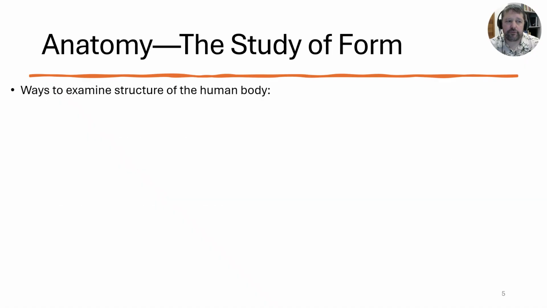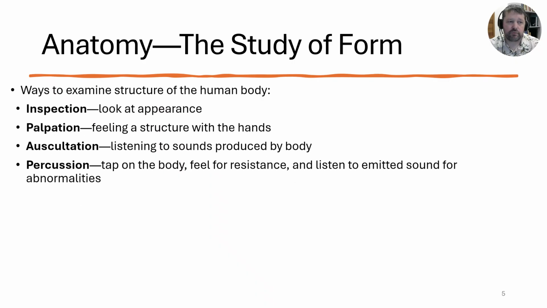Ways to examine the structure of the body. There are lots of ways in which we can describe the form or the structure of the human body, and we'll cover many of these in lab. You can just do inspection: look at the appearance. You're going to do this with different bones, muscles, regions, and systems of the body.